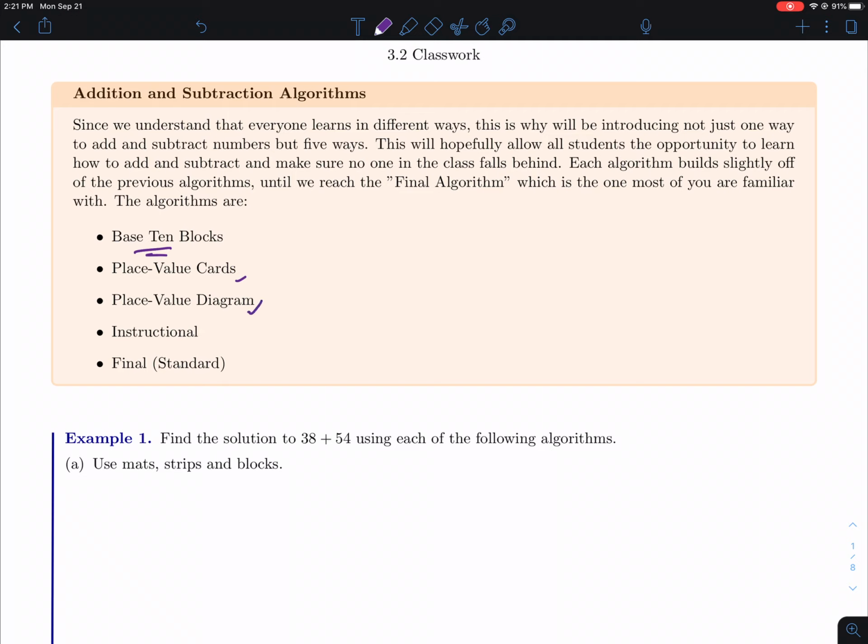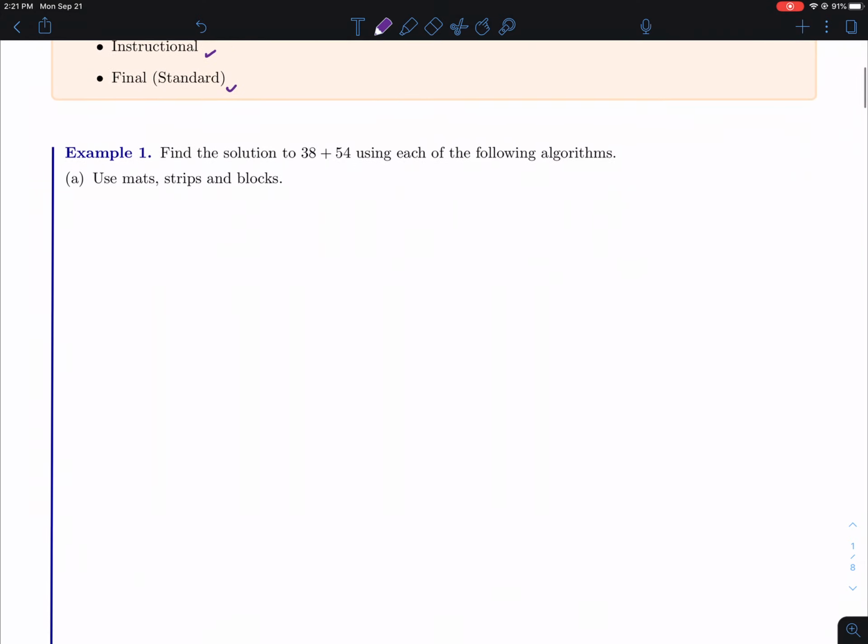Place value diagram is similar to place value cards, except we're going to use numbers instead of dots. The expanded or instructional method is almost the final thing, but not quite there. And finally, our final standard algorithm is probably what you guys are most used to when it comes to adding and subtracting. So let's start off looking at example 1 here.